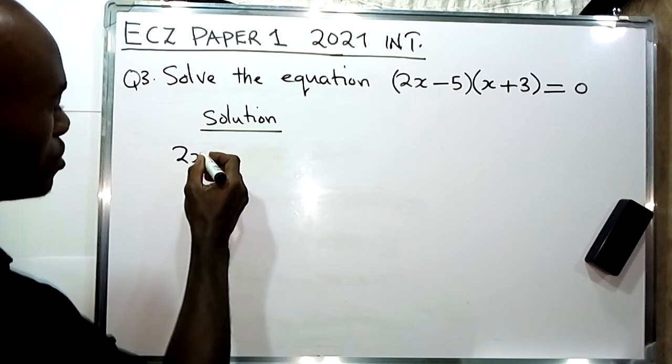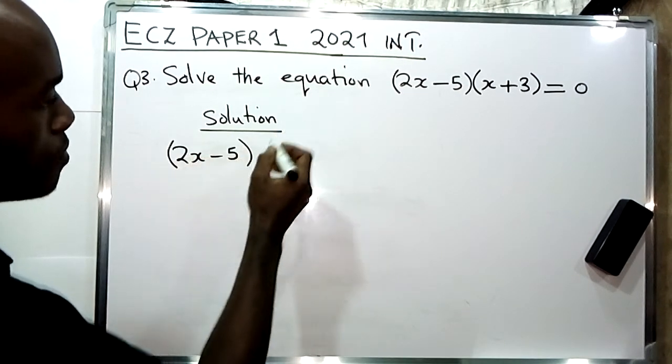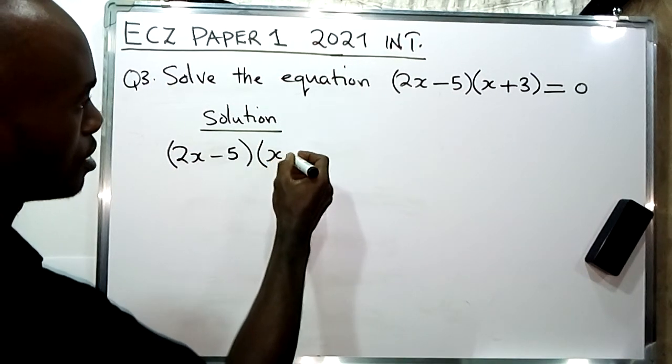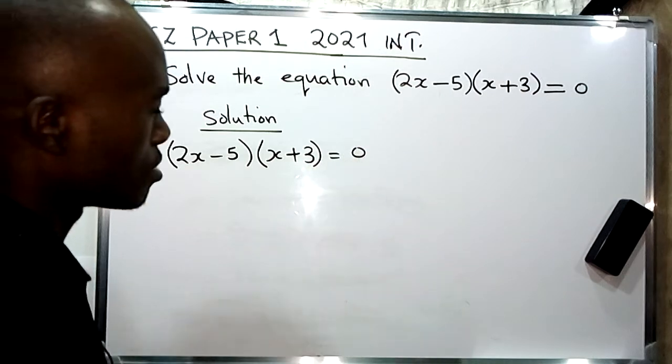So let's see how we are going to solve this equation. We have (2x - 5)(x + 3) = 0.